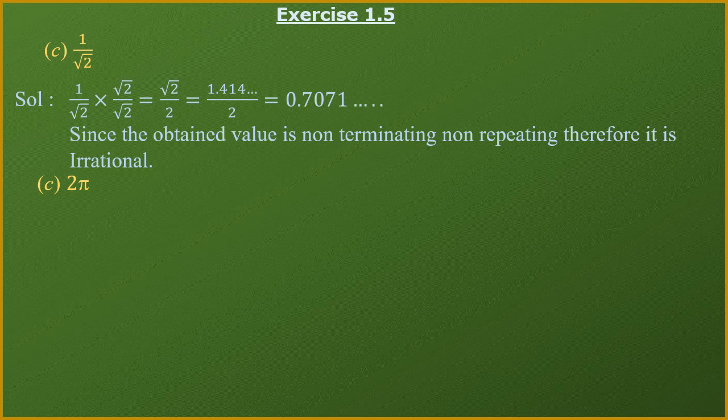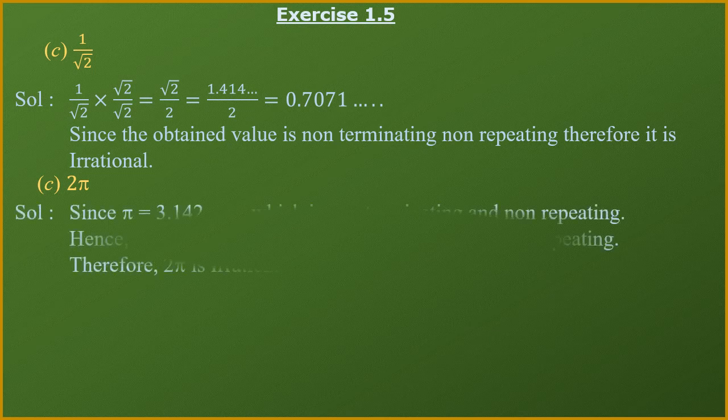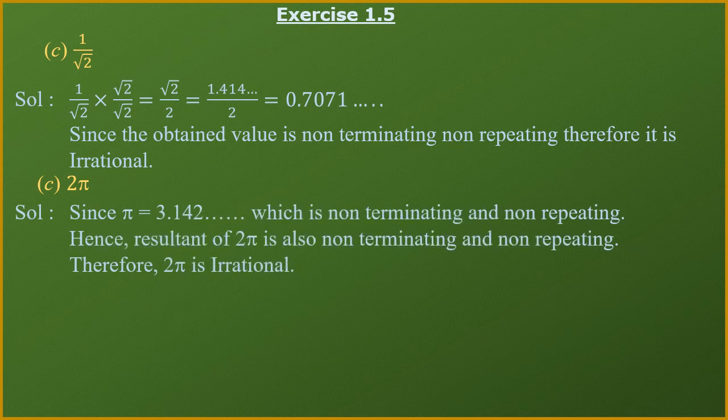Pi is the ratio of the circumference and diameter of the circle. So the value of pi always comes in non-terminating, non-repeating form, and it is an irrational number. And if you multiply 2 into that, the result will also be irrational, because 2 is rational, and rational multiplied into irrational becomes an irrational number.